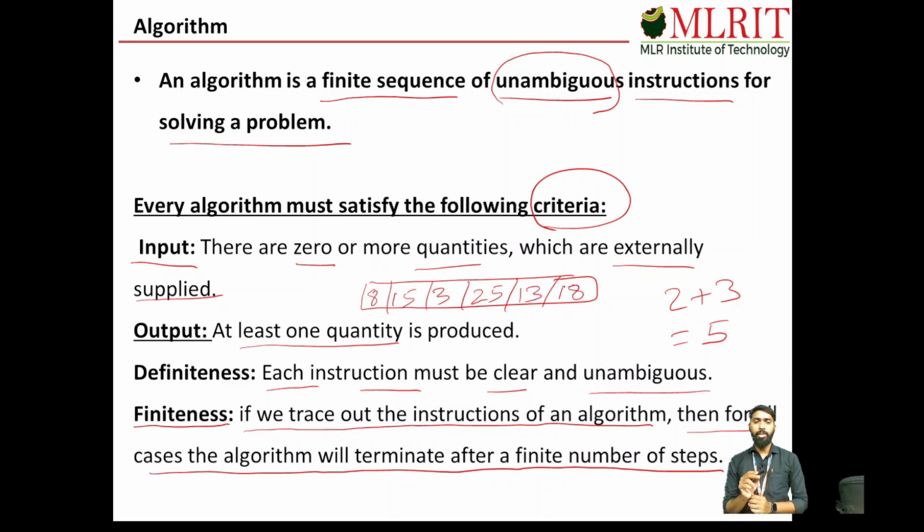Now, for all cases, maybe the searching element is 8, or maybe the searching element is 18, or maybe the searching element is not found. If I give the input as 28, in this case the searching element is not found, or if you give any element between the start and end, then also it will be executed. And in all the cases, the algorithm will terminate after a finite number of steps.